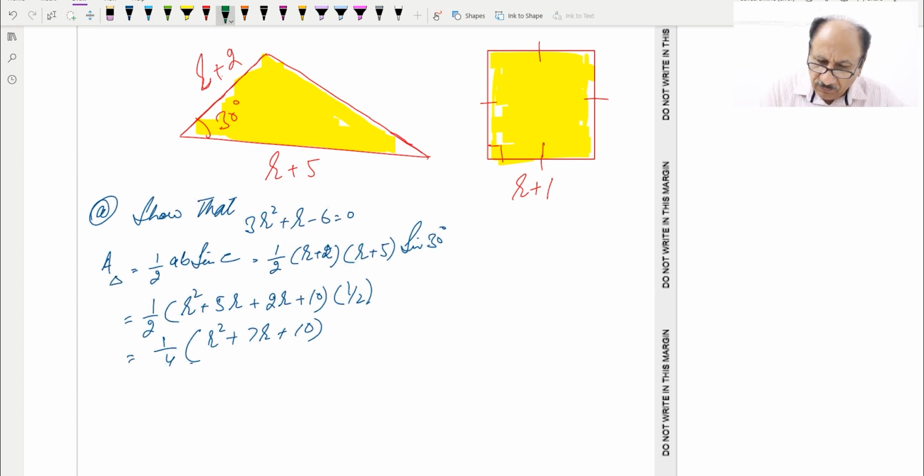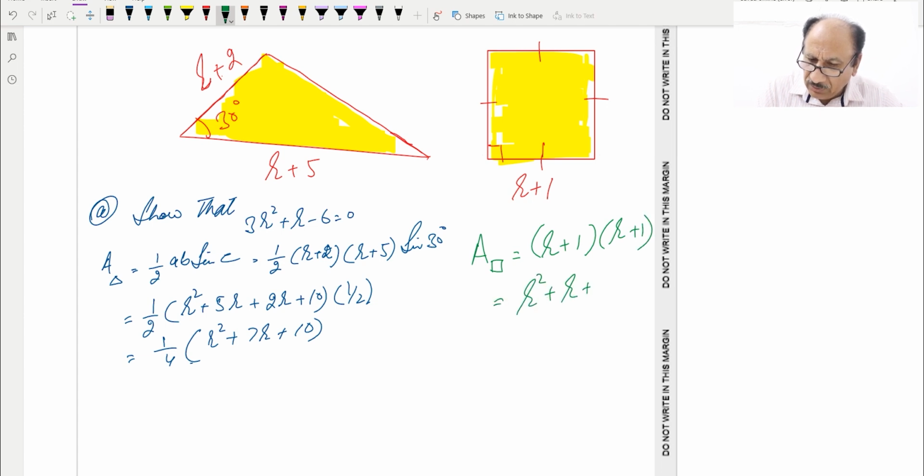So area of square we can write will be equal to r plus 1 into r plus 1. So this will be r square plus r plus r plus 1. So we are just multiplying these two terms and then we are getting basically this one.